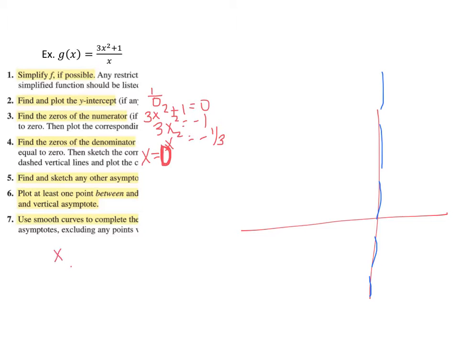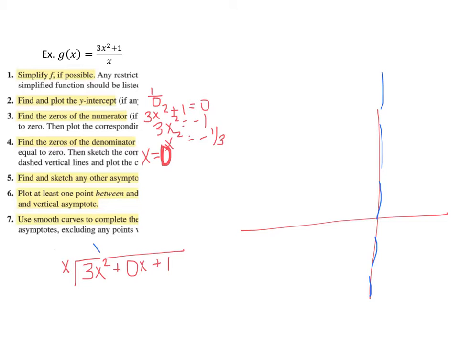By long division, if I do my long division, that gives me my slant asymptote, everything but the remainder. So if I take my x, I'm dividing out of 3x squared plus 0x plus 1 to keep my placeholder.